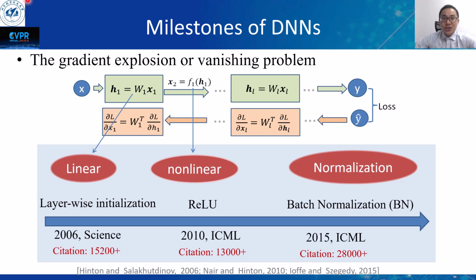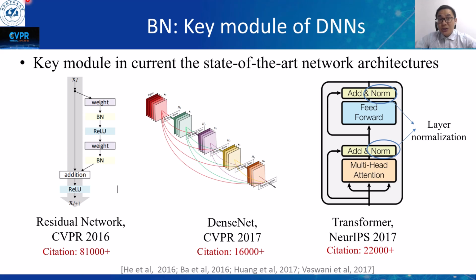The Google citation of batch normalization is currently over 28,000. Batch normalization is a basic component in most state-of-the-art architectures and is widely used throughout various areas of deep learning. For example, batch normalization is a key measure of residual network and DenseNet for stabilizing the training.